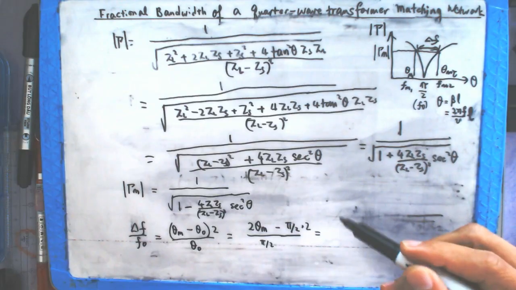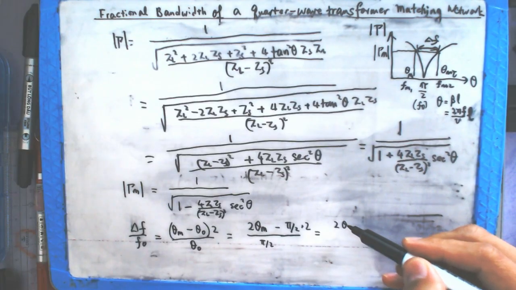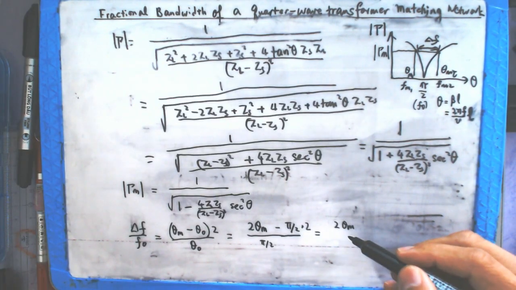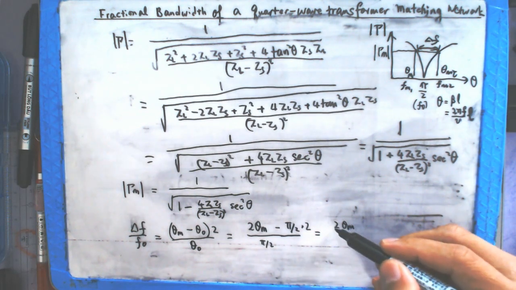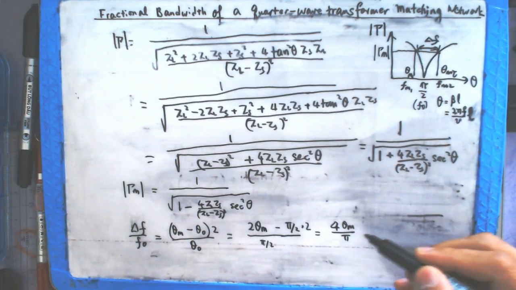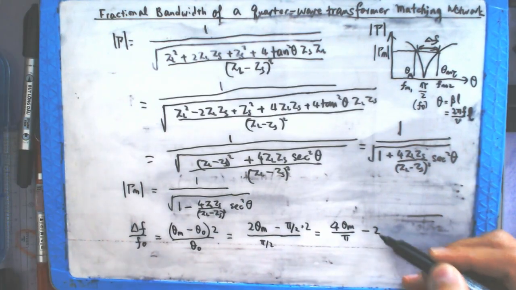So what we get here is 2 pi beta m, four pi over m divided by pi and then minus 2.